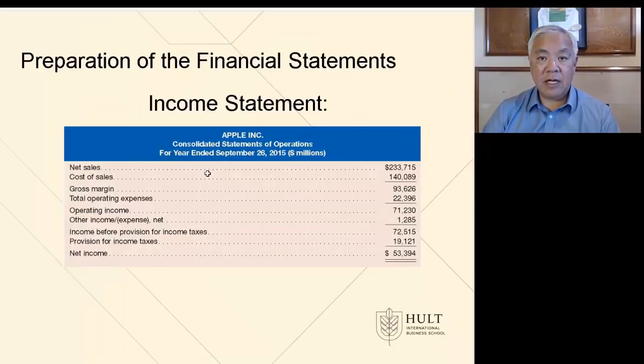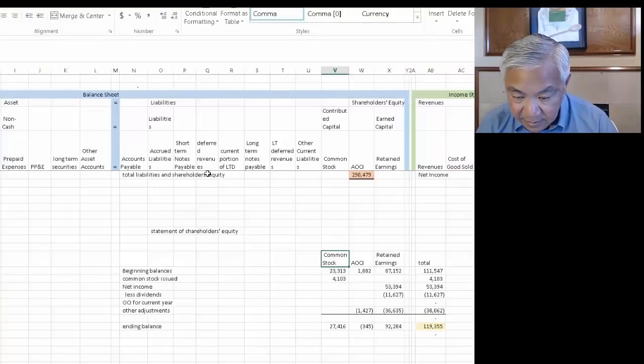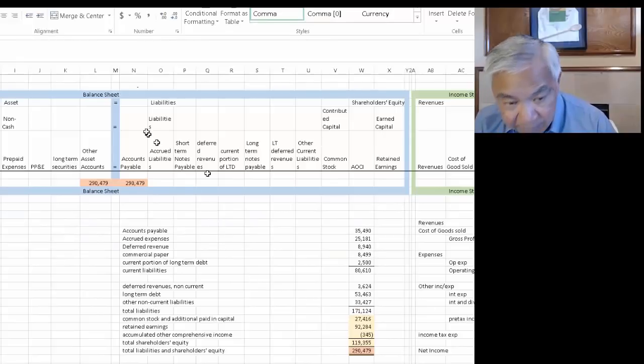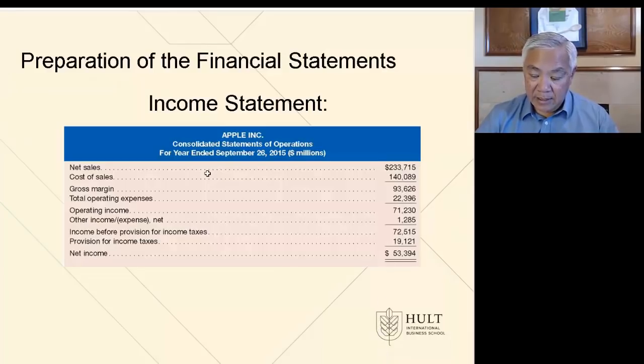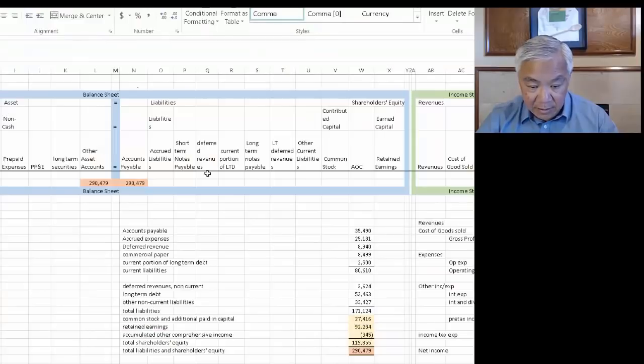The income statements, if you look at our spreadsheet, exactly equal the statements for the income statement. That's the 53,000. It's right there. 53,394. And then next we have the balance sheet, and the total assets are 290,479.